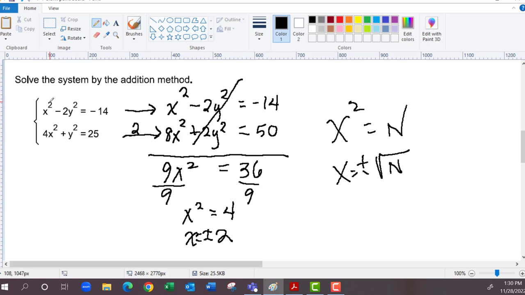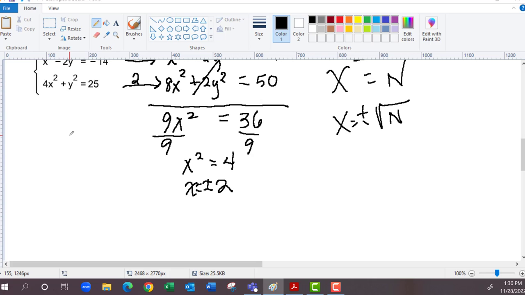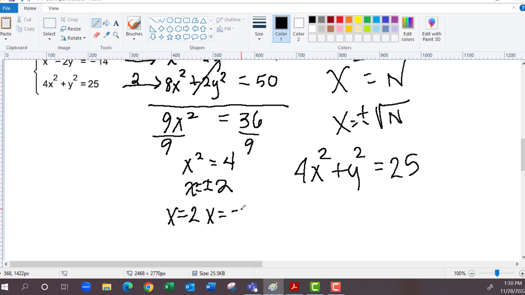Now we have to go back and put +2 and -2 in either of these equations. I'll just do the second one because it's got a plus. Seems to be a little easier. So I've got 4x squared plus y squared equals 25. I'm going to go x is 2, and then I'm going to do x is -2.